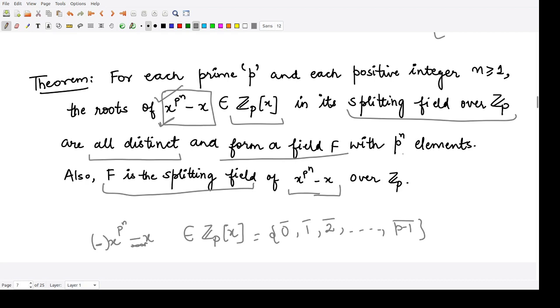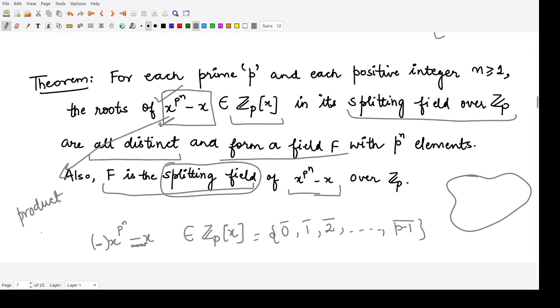So whatever the roots of this polynomial are, they will form a field, and that field would act as the splitting field of this polynomial. Splitting field means you can write this polynomial as the product of linear factors. So this is what we mean by splitting field.